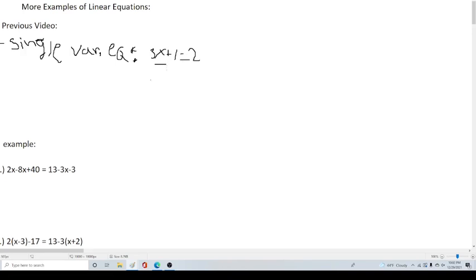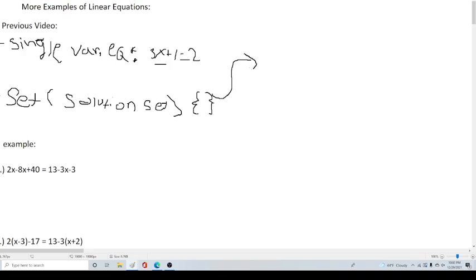We also defined what set notation was. These are also called solution sets, and those are the brackets. I forgot to mention, we'll go a little more in depth on this when we talk about space, but basically what's going on is we're in one-dimensional space, and this is the number line that we're all used to looking at with 0 here.